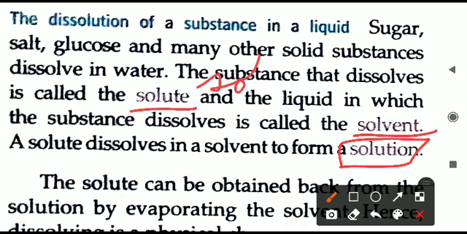Solute is generally the solid thing which is getting dissolved, and solvent is generally the liquid thing. It is not always the case, but most of the time it is. So whatever dissolves is the solute, and the substance that dissolves other things is the liquid or the solvent. So solute and solvent dissolve together to make a solution.